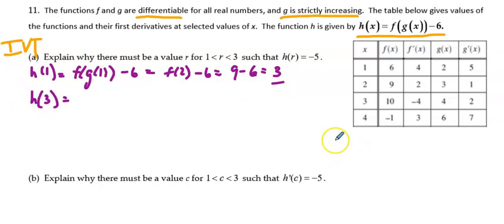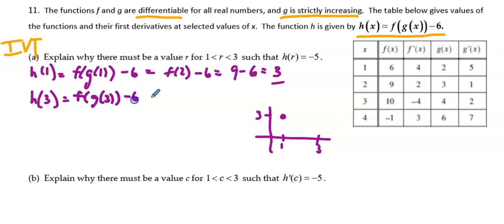Just visually for a second, h of 1 is equal to 3. Let's find out what h of 3 is first, and then we're going to have a conversation about why this should make sense. So it's going to be f of g of 3 minus 6. g of 3 is 4. Again, minus 6.